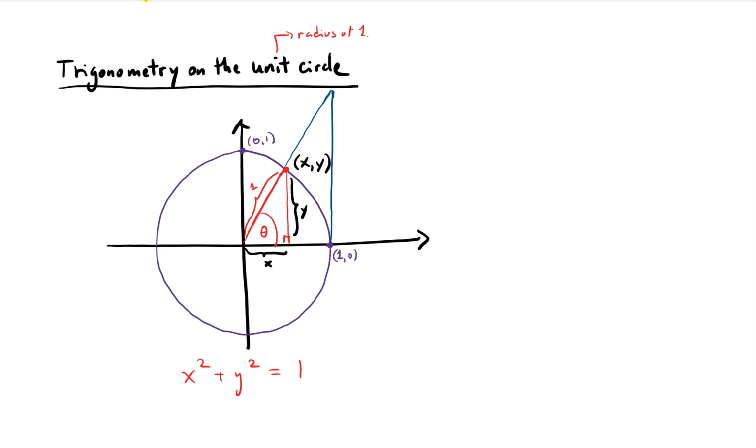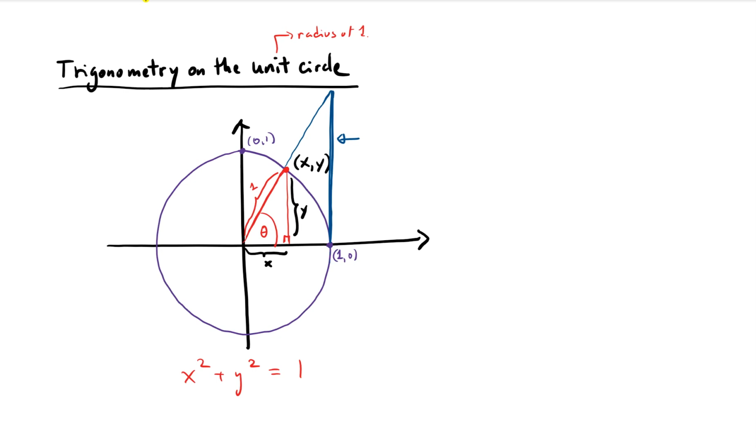I will extend it. Okay, so this line here, if I extend it, would just touch the circle at 1, 0. So we'd say it's tangent to the circle.